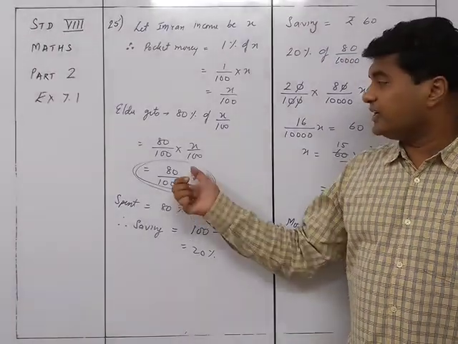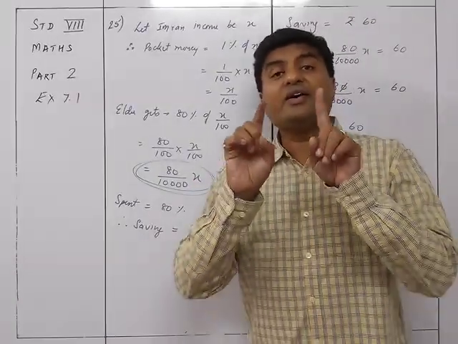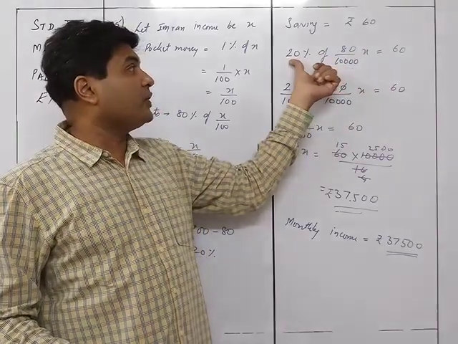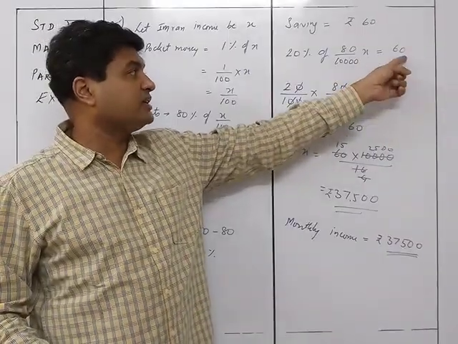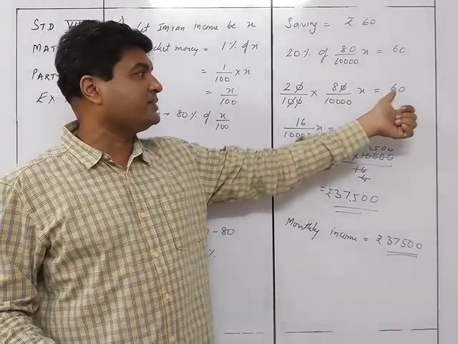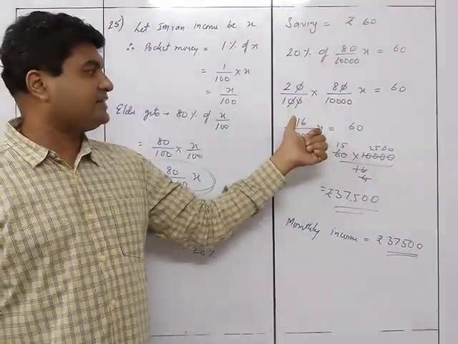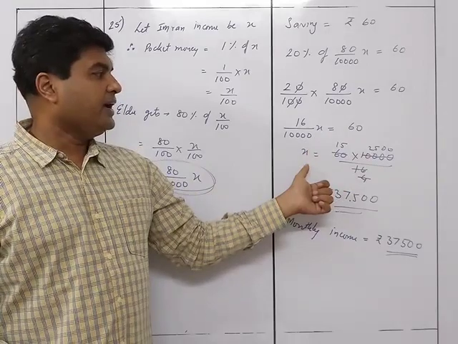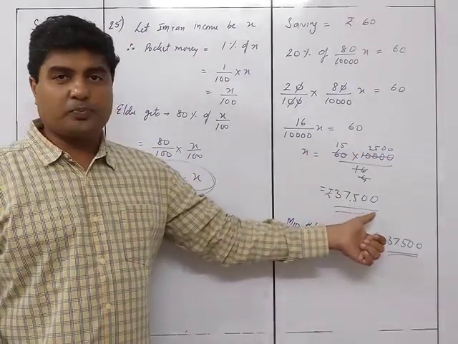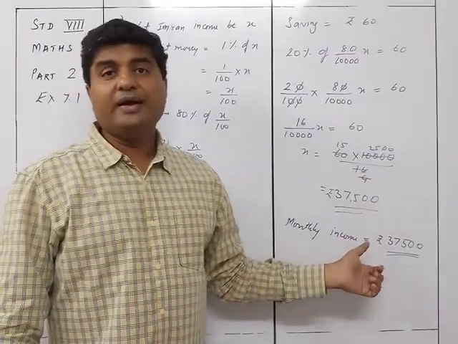So 20% of this value is what he is saving. They have given us that 20% of that value which is saving is 60. So automatically 20% of this value is equals to 60. We get the calculation over here. 20 upon 100 into 80 upon 10,000 into x is equal to 60. So we get 16 upon 10,000 x is equal to 60. x is equal to 60 into 10,000 upon 16. Do the calculation. We have 37,500 as the monthly income.